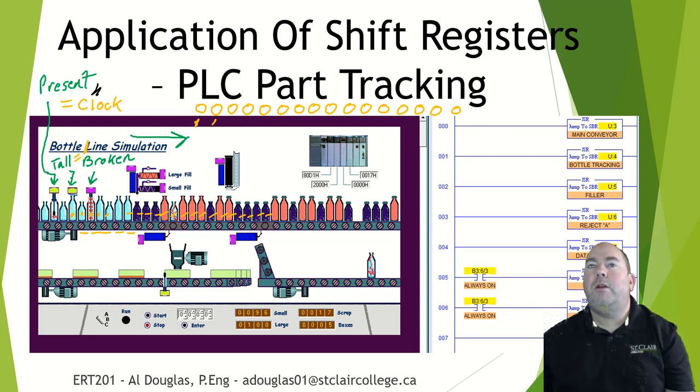So the way this pattern would load up here, if this was our bit shifting, all of our data that gets recorded here, every time we see a tall bottle, we write a 1 into this register, and then every time a new bottle comes along, we shift all that data to the right. So basically, if you look at all this array of bottles here, it would represent as talls and shorts.